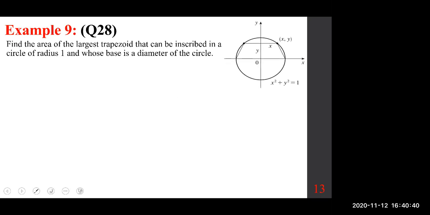So we are looking at the unit circle, okay, class? So this is your unit circle, okay? Trapezoid looking like that. And the base is the diameter of the circle. And we want the largest area for this guy, largest area.